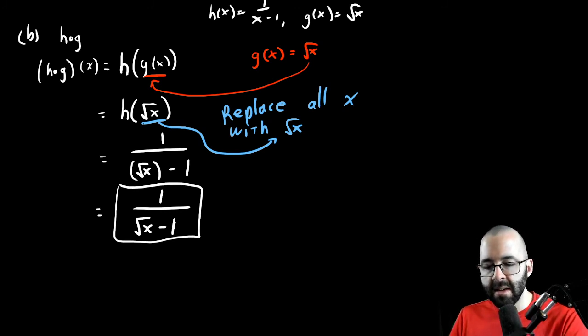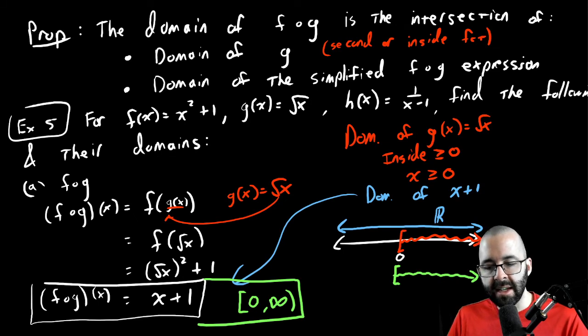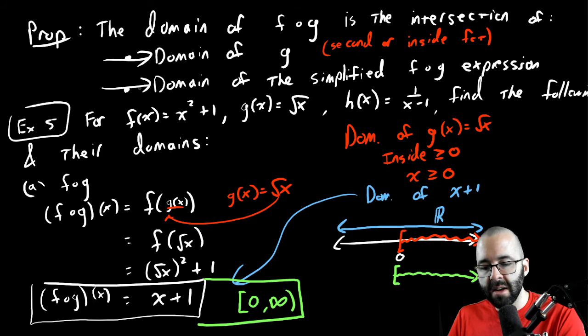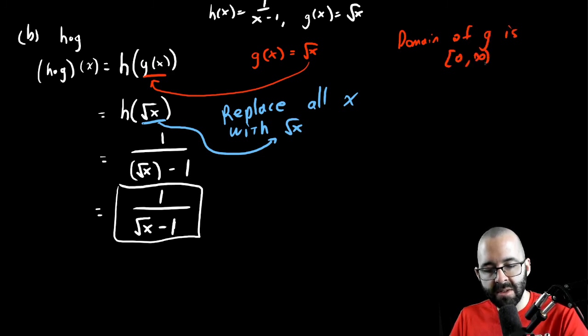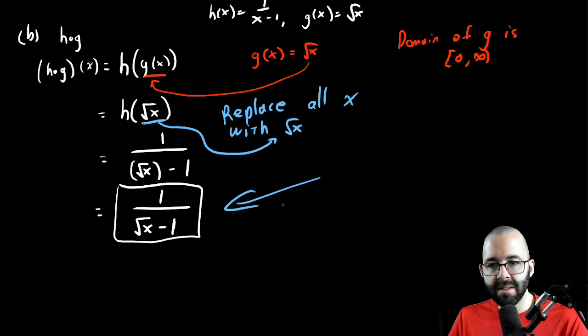Now to find the domain, it's the intersection of the domain of the inside function and the domain of the simplified answer. We have to find those two domains. The domain of the inside function is g. And just like before, that's going to be 0 to infinity. What's the domain of this simplified answer?